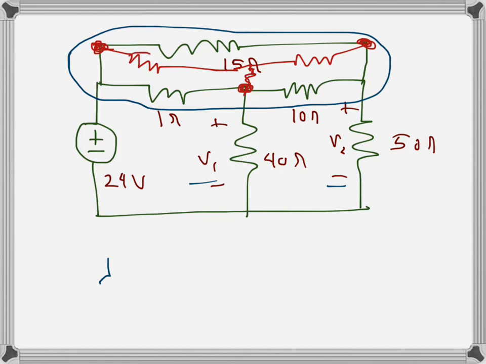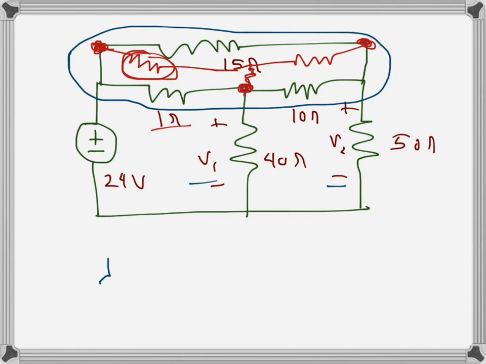The way the conversion is done, the value of each resistance will be the product of the two resistances that were connected to the same node in delta, divided by the sum of all three.